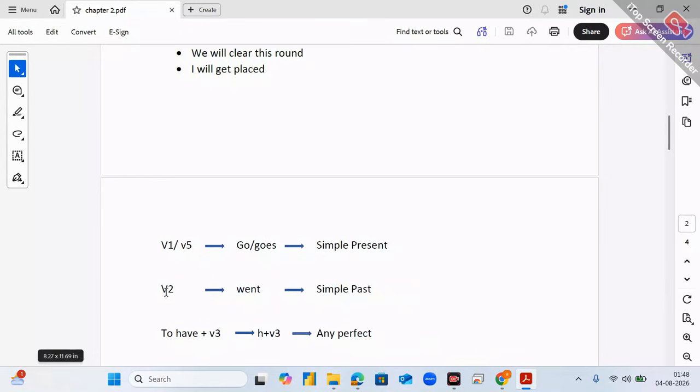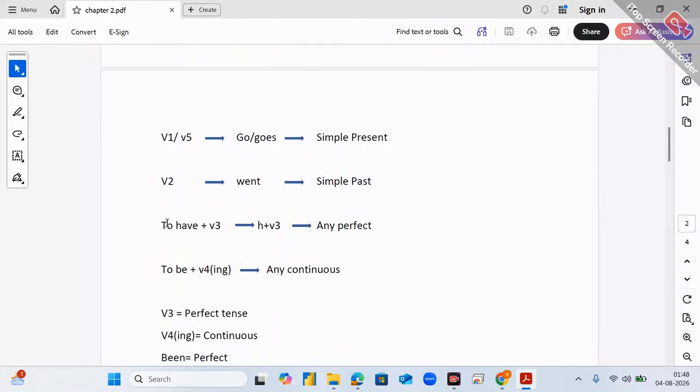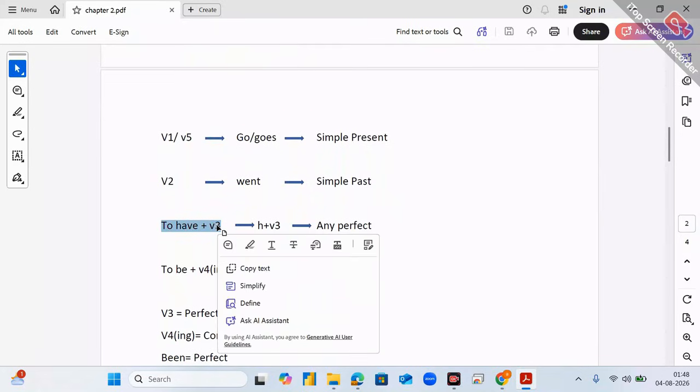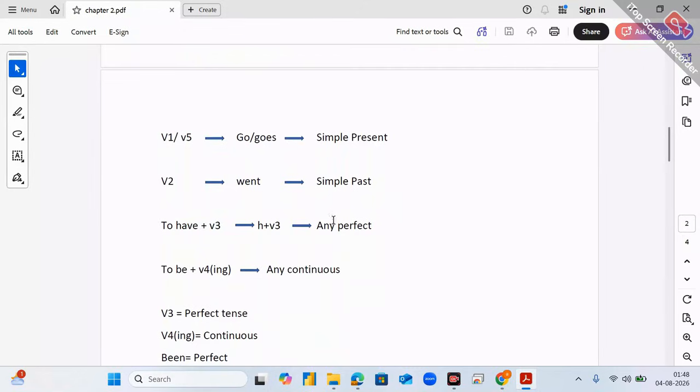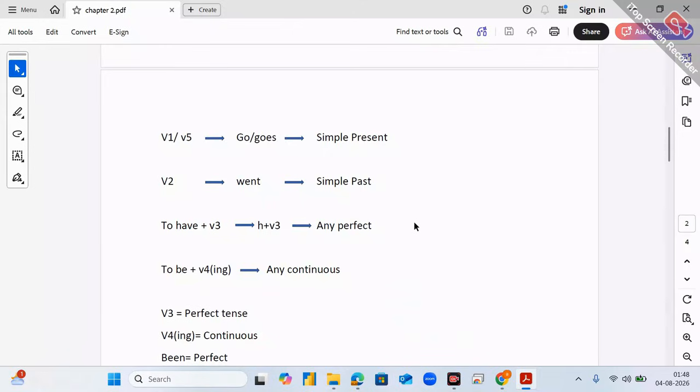Next is V2. V2 is went. Go, goes and went, right? Simple past. Next, let's move forward. To have plus V3. Any perfect tense. It might be perfect present tense, perfect past tense, perfect future tense.